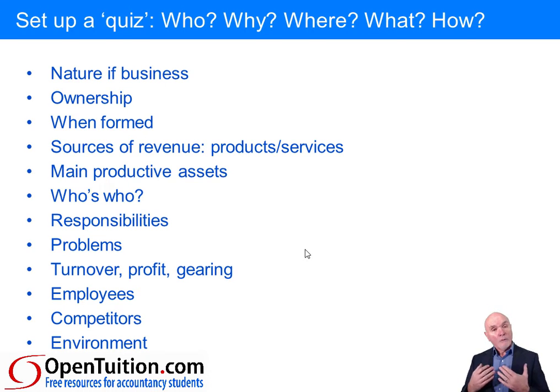So, we suggest, therefore, that to become familiar with the material, you almost set up a little quiz for yourself when you're studying this material. Write down, what is the nature of the business? Have a question, nature of the business, answer. Then say ownership, answer. When was the business formed? Answer, etc. What are the main sources of revenue and activity?